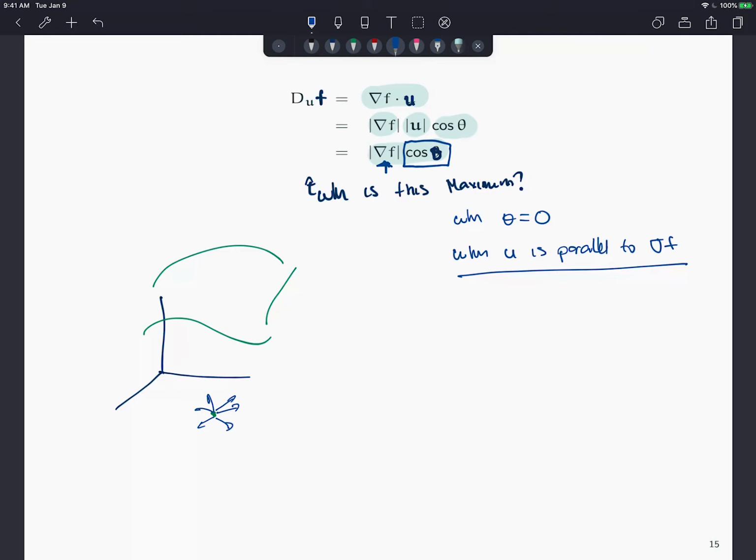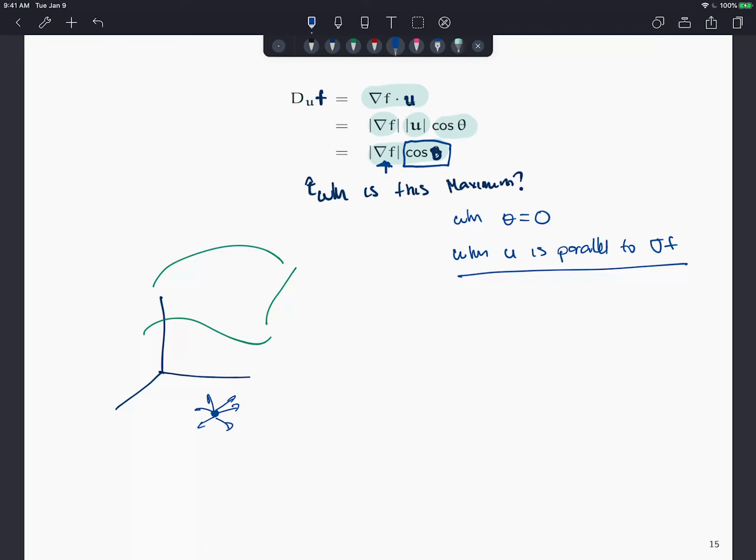Another way to say this is, at each point here, the gradient is pointing in the direction at which the directional derivative is the maximum, which is the direction at which the z function increases the most.